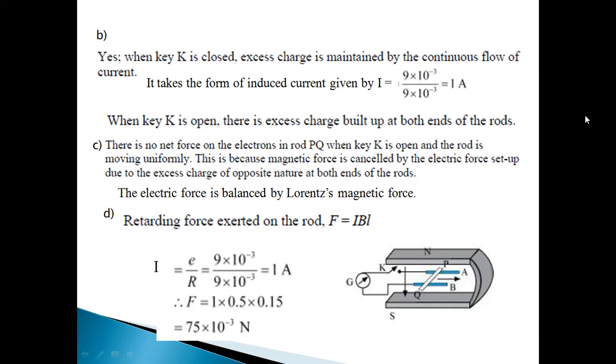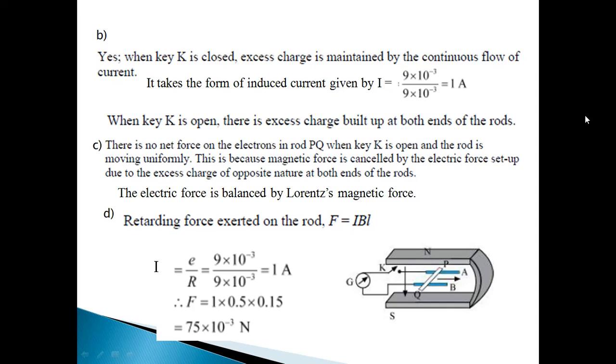This is because the magnetic force, that is Lorentz force, is cancelled by the electric force that is set up due to the excess charge of opposite nature at both ends of the rods. At P and Q, opposite charges are set up, and the rod PQ is in motion, so there will be an electric force set up. That electric force gets cancelled by the Lorentz magnetic force. So there is no net force on the electrons in the rod PQ when K is open.